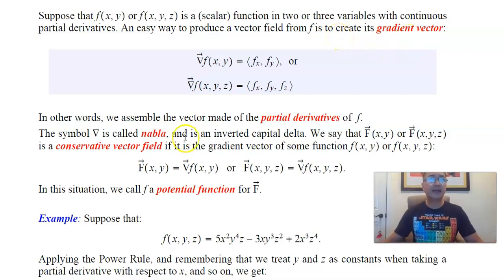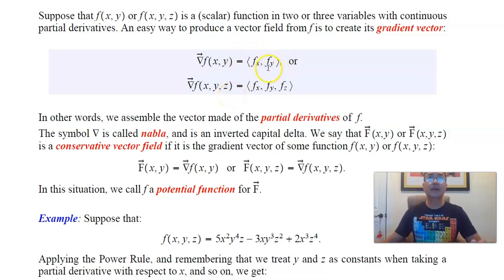So the symbol for that is this funny symbol here, which is called the nabla. And it's actually an inverted capital delta, right? You turn it upside down, it looks like delta. So this is pronounced the gradient of f of x, y or the gradient of f of x, y, z. What's it made of?